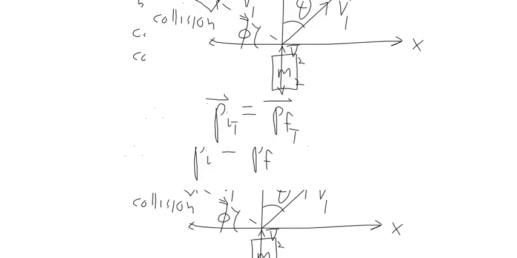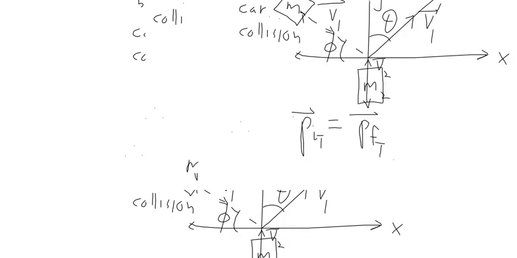So P initial total is going to be equivalent to mass m1 times v1, plus mass m2 times v2.